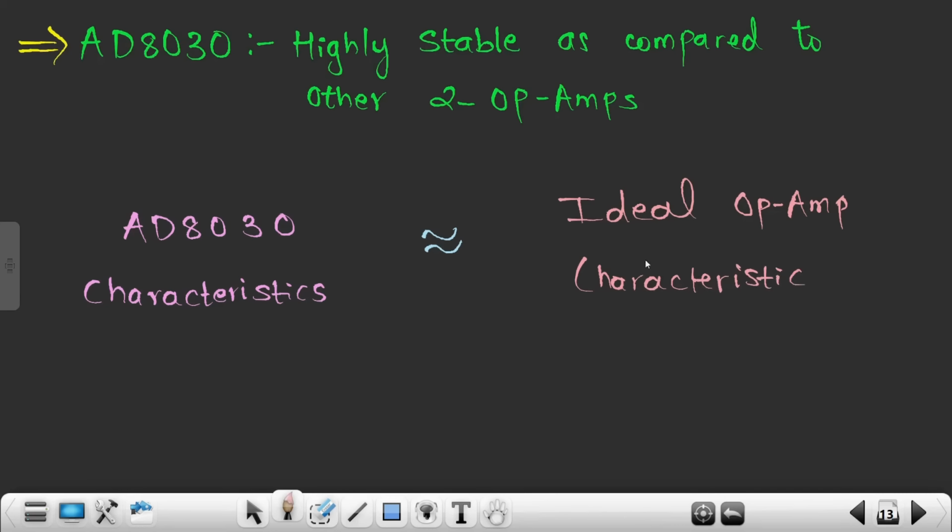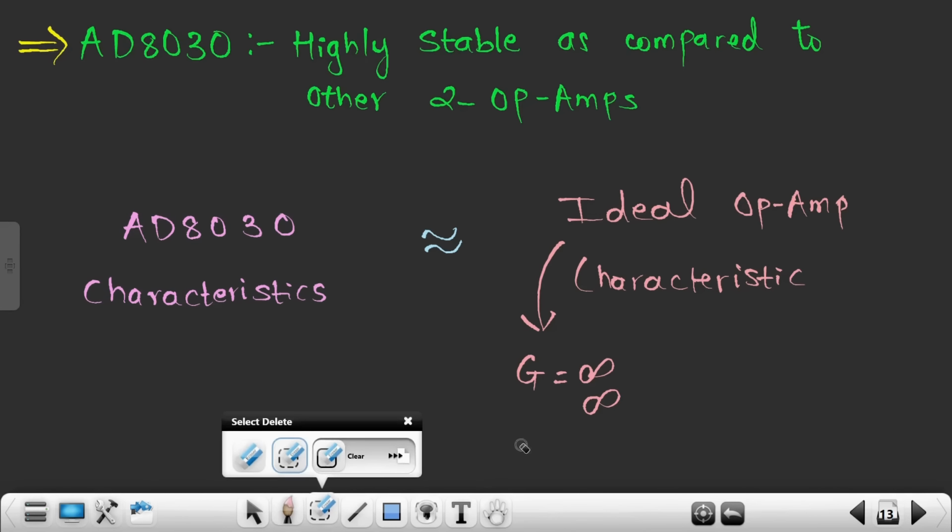What does that mean? We all know that the ideal op-amp should have infinite gain, infinite bandwidth, very little noise, high input impedance and low output impedance, which we had already discussed.